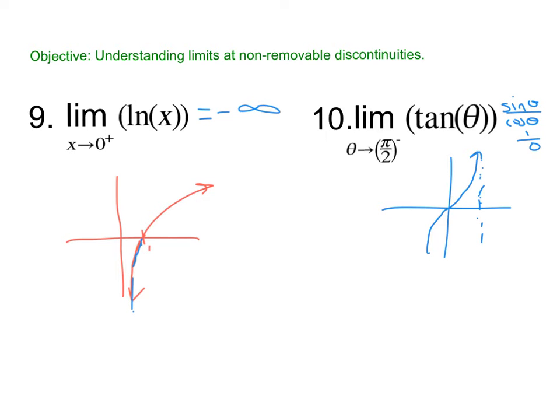But that's what a tan looks like. So that's from the right, though. And then we keep going. So that's from the right, that's from the left. So here's pi over 2. From the left, we're going up, so the answer is positive infinity. So these you just need to know what the graph looks like.